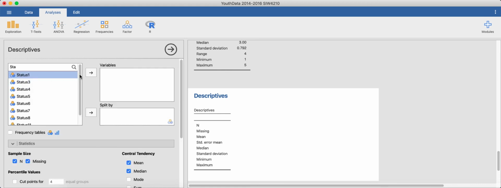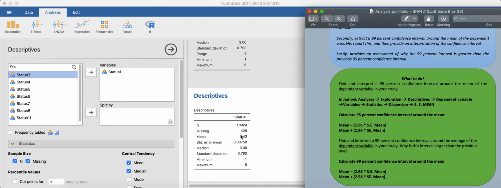And I have to also put over my dependent variable, and what you then do is you take the mean, and to make a 95% confidence interval you subtract or add 1.96 multiplied by the standard error of the mean. So it's really just first you take 1.96 and multiply it with this number, and then you subtract or add it to the mean, and then you will get a 95% confidence interval around the mean.